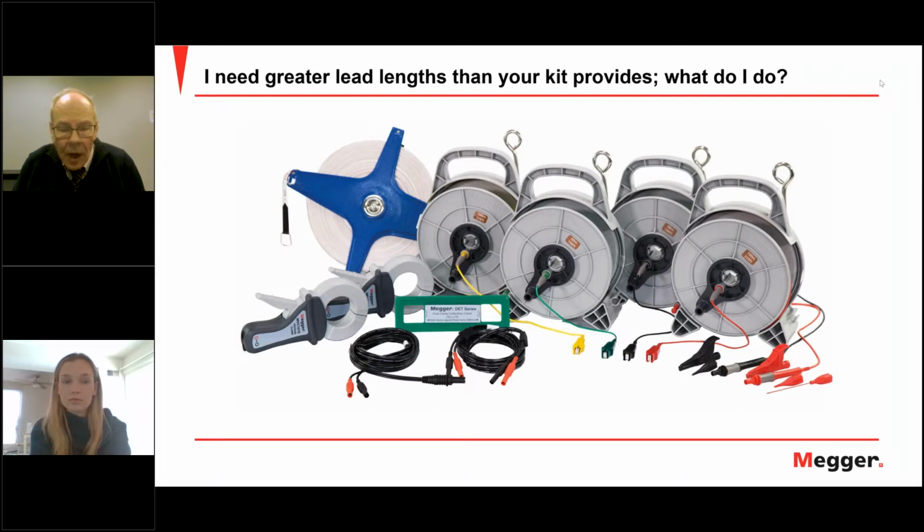There's not a lot of demand on the wire that you use to perform a ground test because the current is very limited. The voltage is very limited. So there's not a lot of demand on the wire. 14 gauge is perfect. You don't need to go necessarily beyond this. You can use scrap wire at your facility. You don't necessarily have to buy specialized wire.